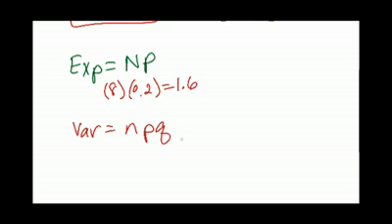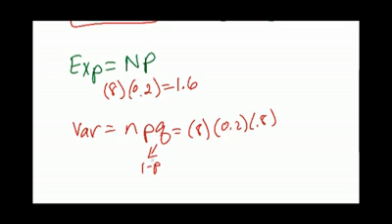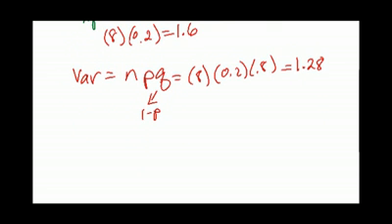So we take that 1.6 times 0.8, because q is just 1 minus p. 1.6 times 0.8 equals 1.28, and that's the variance.